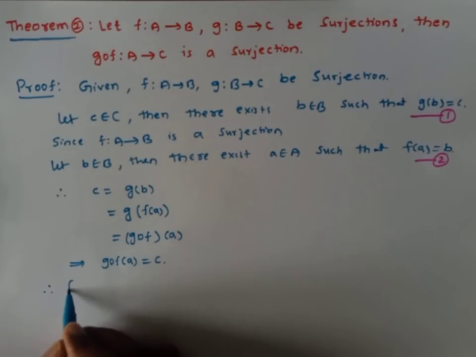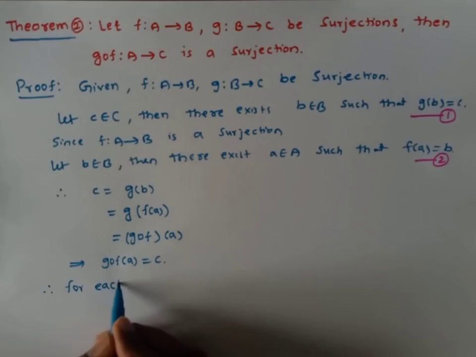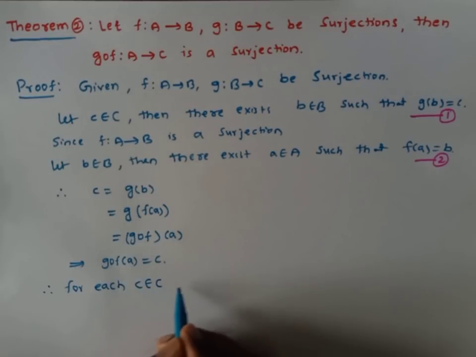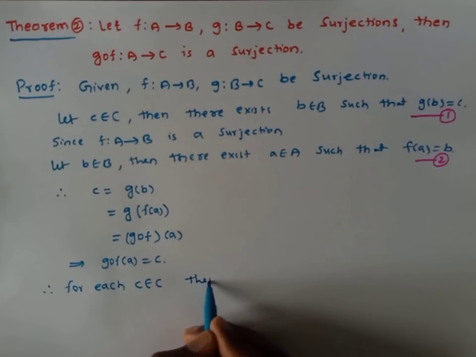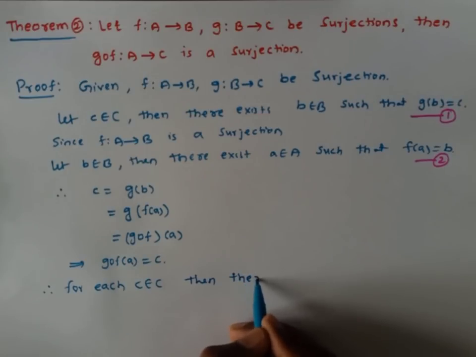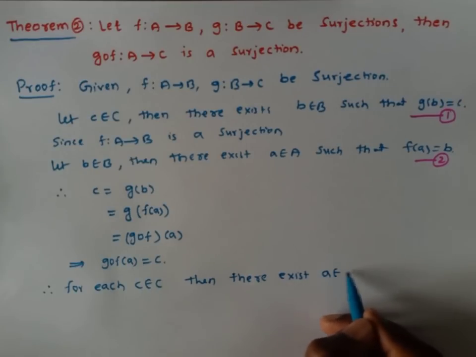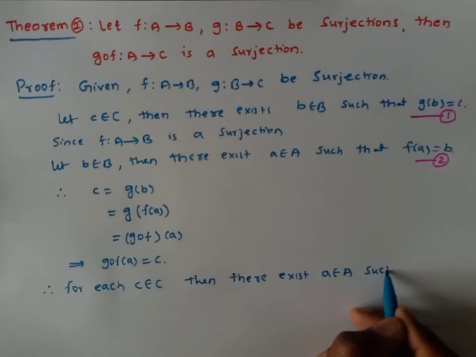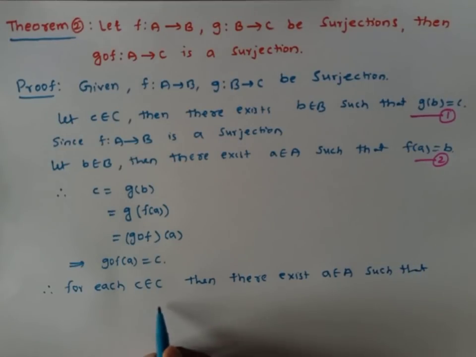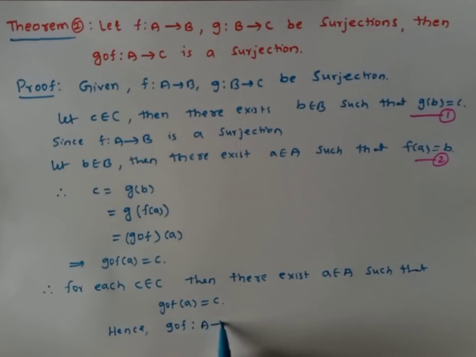So we can express this as, for each C belonging to C, there exists an element A belonging to A such that G circle F of A is equal to C. Hence G compose F, or G circle F, from A to C is a surjection.